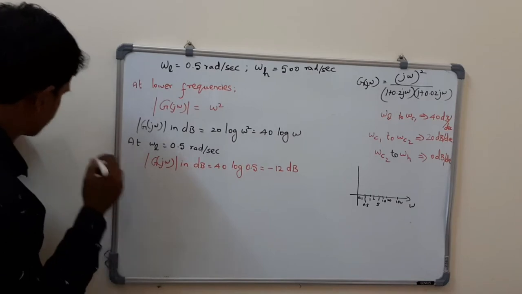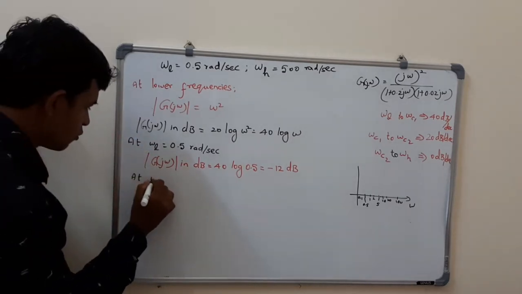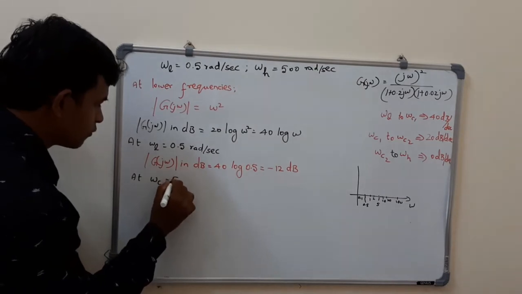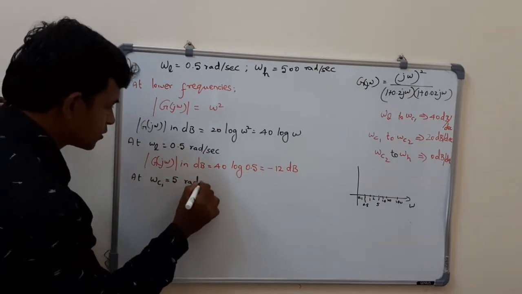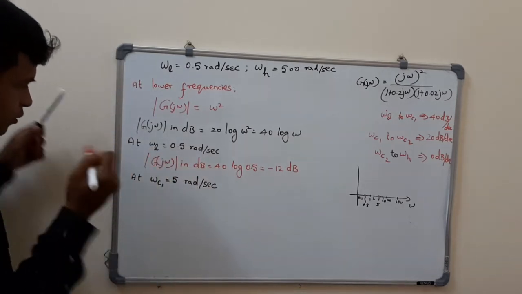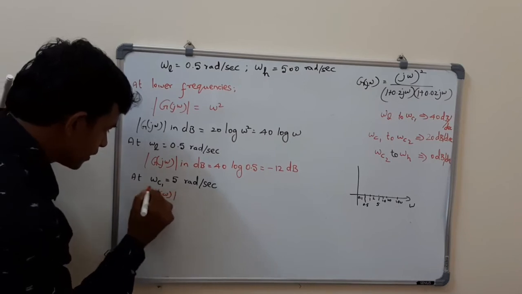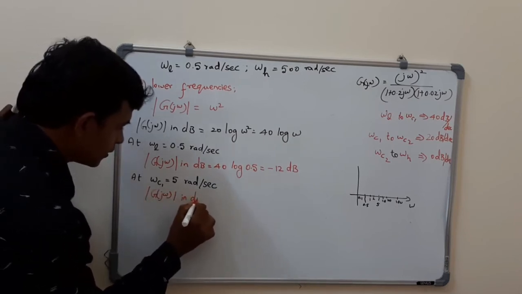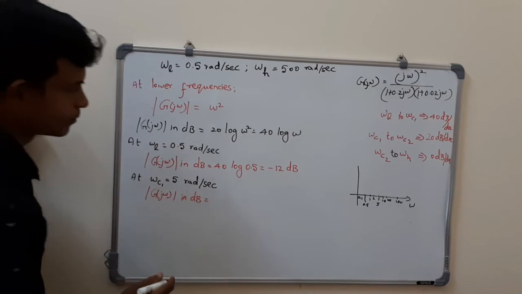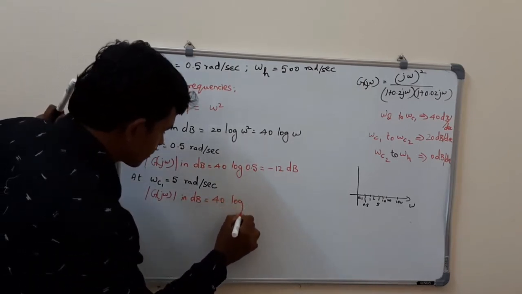At omega C1 equal to 5 radians per second, G of j omega in dB equal to 40 log of 5.